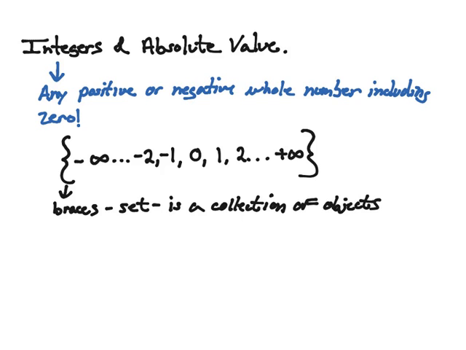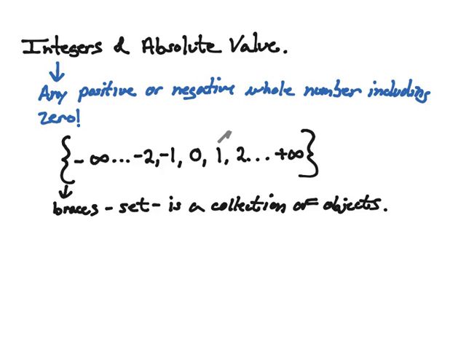So if you have a set of baseball cards and you have a full set, then you have a collection of baseball cards, and each card is an element. Just like this set is a set of numbers, we have a collection of integers, where we only want the negative and positive whole numbers, including 0. And every individual number is an element. So just kind of keep that in mind.